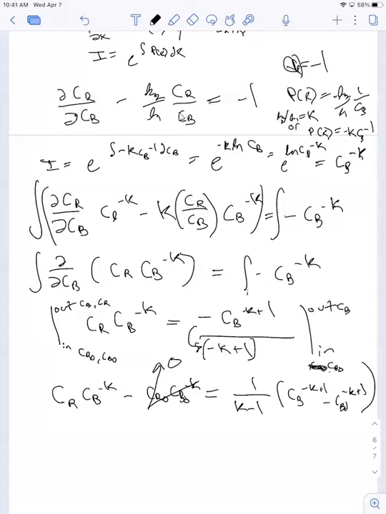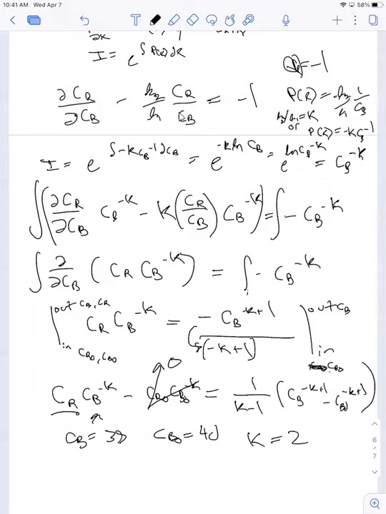And then we have everything we need because we're trying to find CR. CB equals 38, CB naught equals 40, and this big K equals 2.